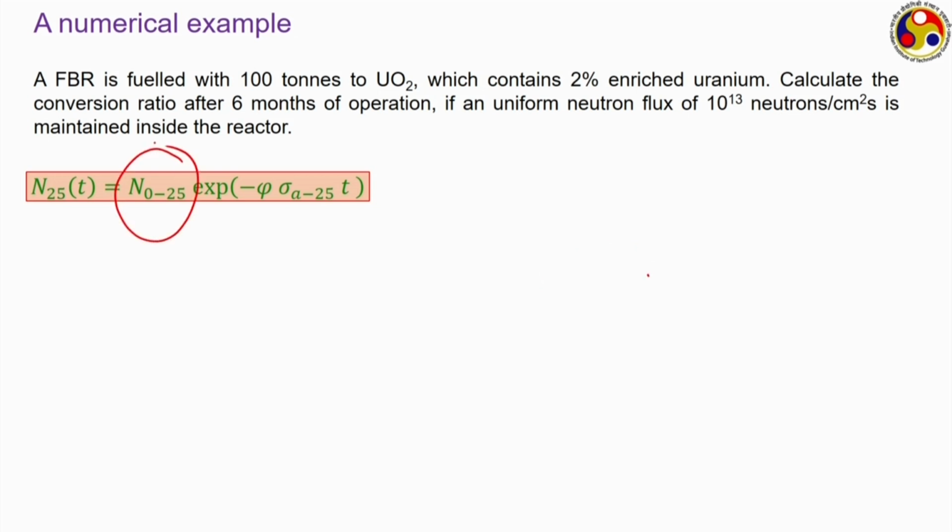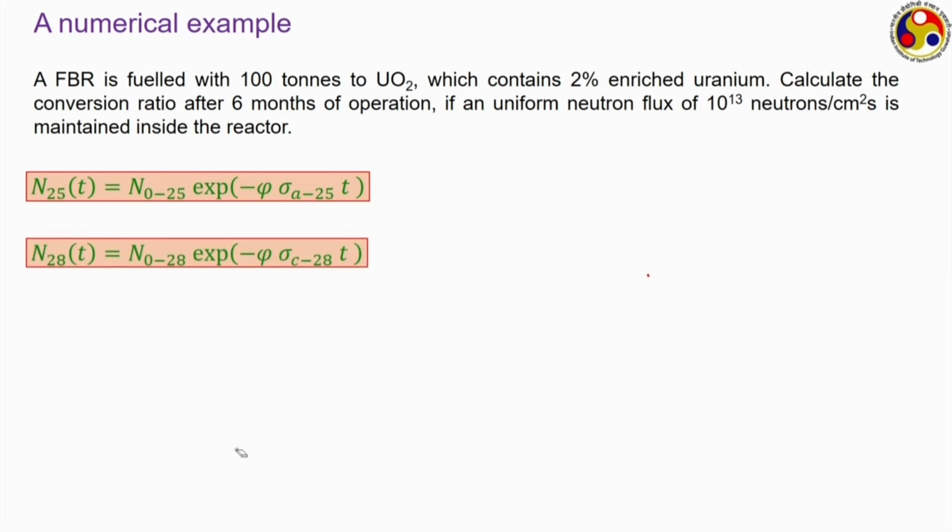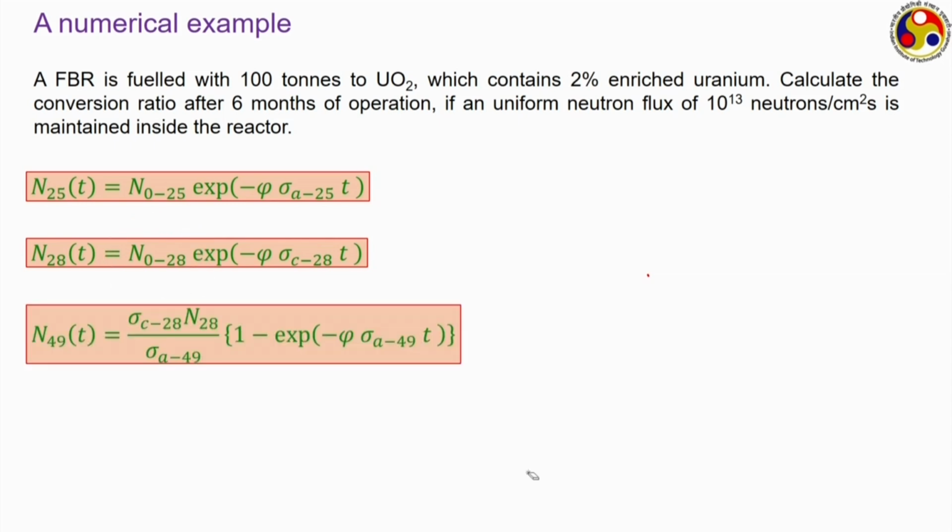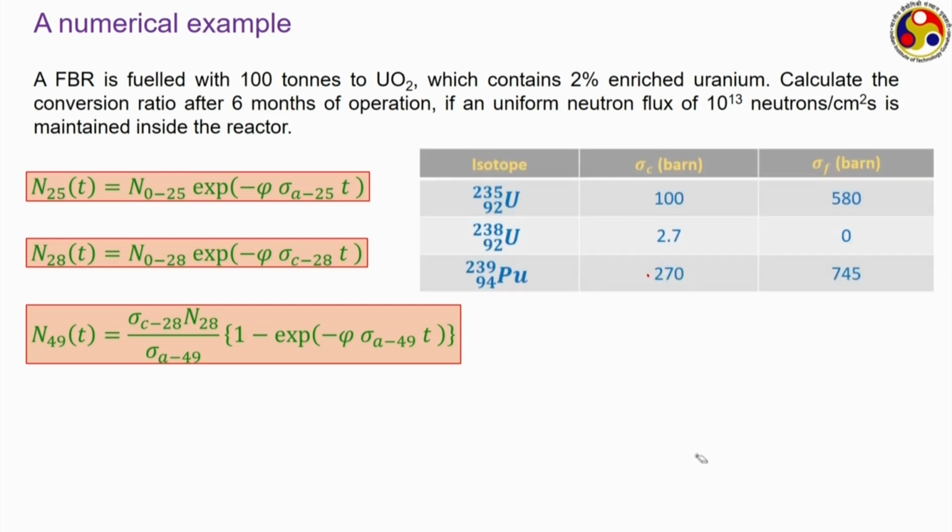This one being the initial concentration. Then N28 refers to uranium 238 concentration. This is again the initial one. In this case, this is 98%, and plutonium concentration is initially 0. So, this N49 refers to Pu-239, and these are the corresponding cross section values.